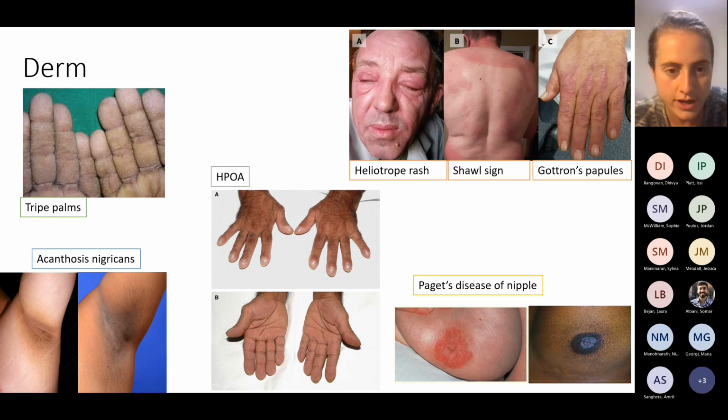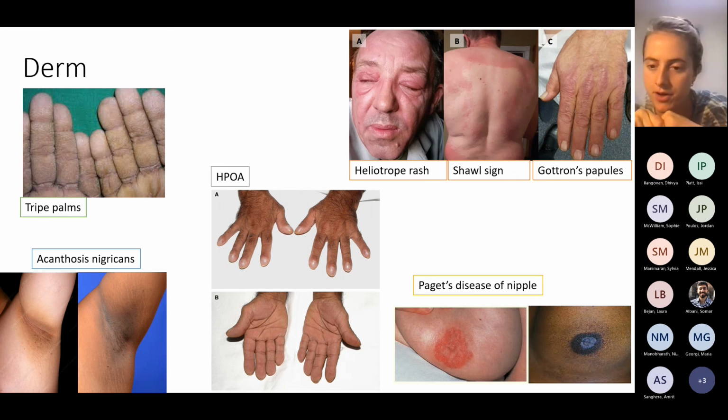Cool. And what else have I got here? Does anyone know what this is? So yes, Paget's disease of the nipple.